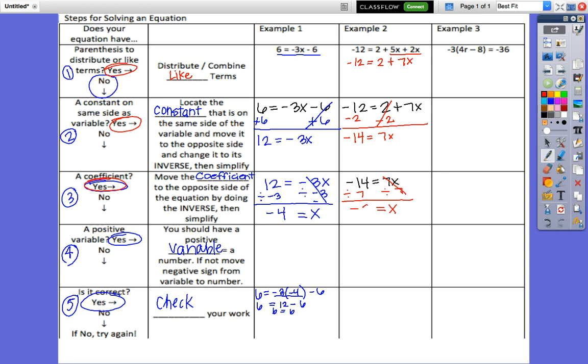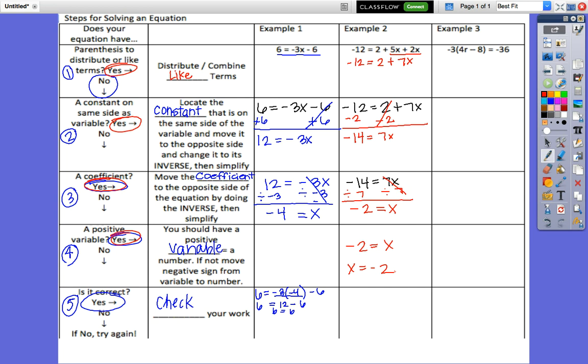Negative 14 divided by 7 is negative 2. Now, question 4 says, do I have a positive variable? And I do. There's not a negative in front of that. So we've just got negative 2 equals x, or x equals negative 2.